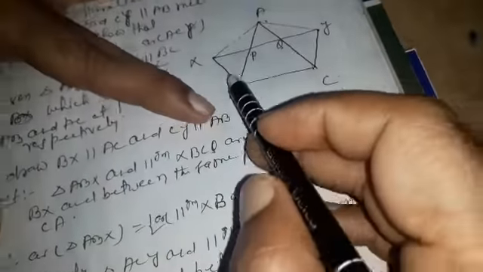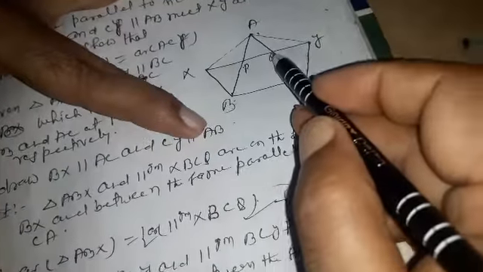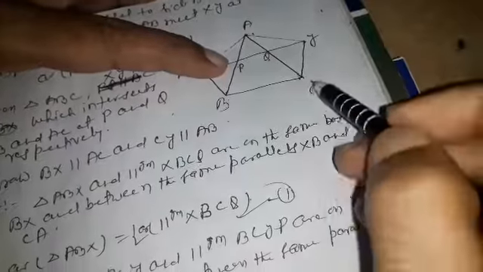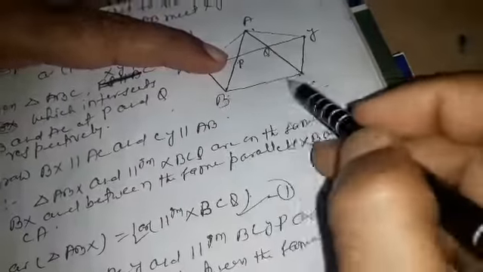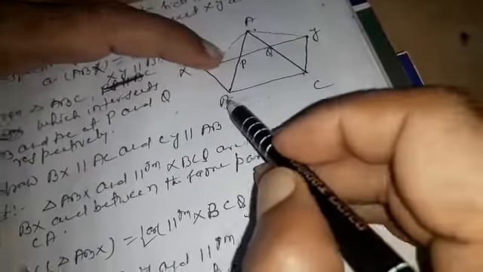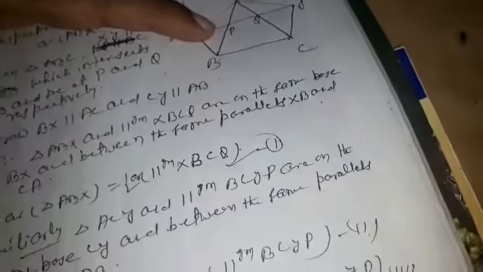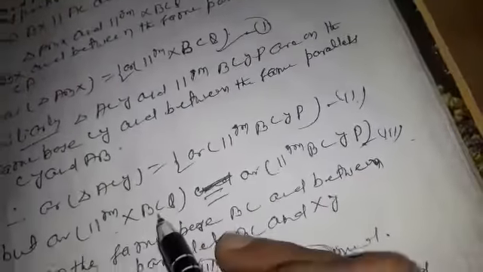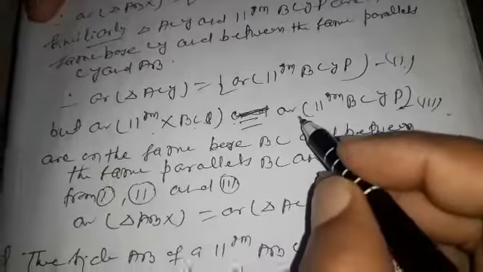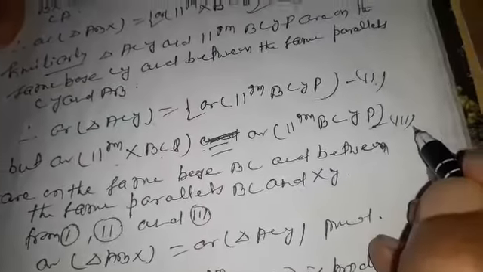Now parallelograms XBCQ and BCYP are on the same base and between the same parallels, so both parallelograms are of equal area.